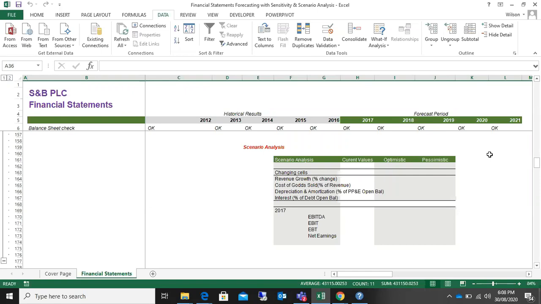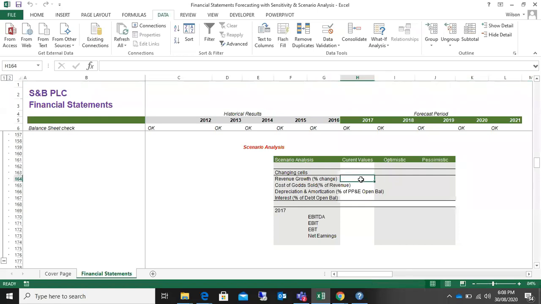That means we have optimistic or pessimistic. In some financial modeling literature, you will see best case and worst case. So we have what we call base case, best case, and worst case. Your base case is the same thing as current value, your best case is the same thing as optimistic case, and your worst case is the same thing as pessimistic case. Now we'll see what all that means.